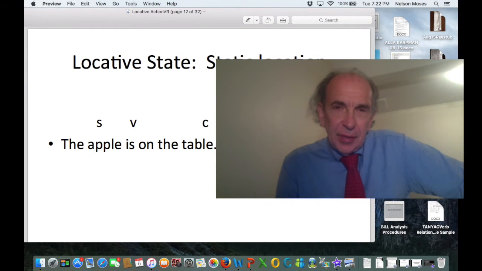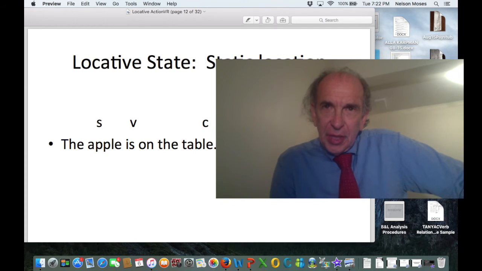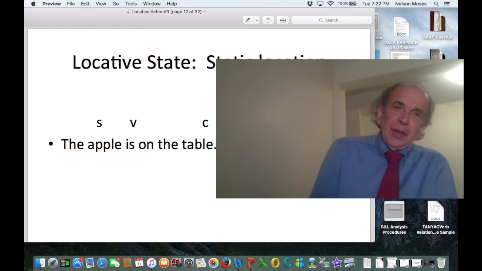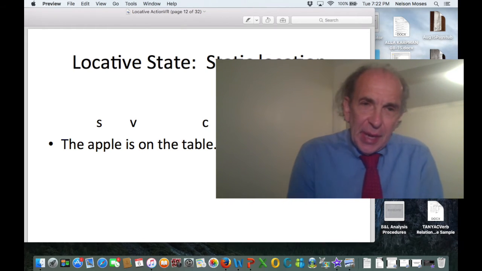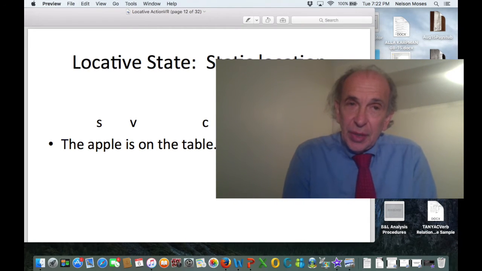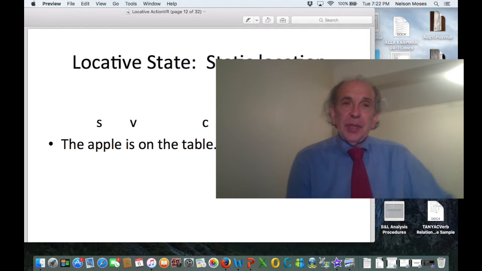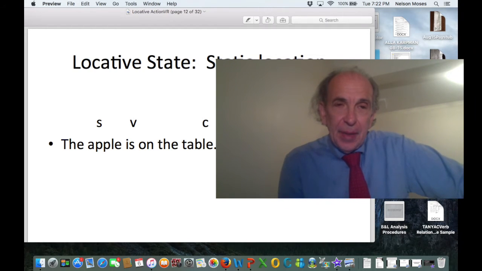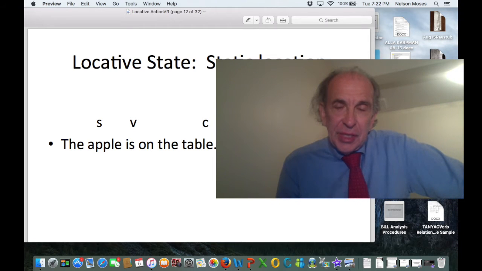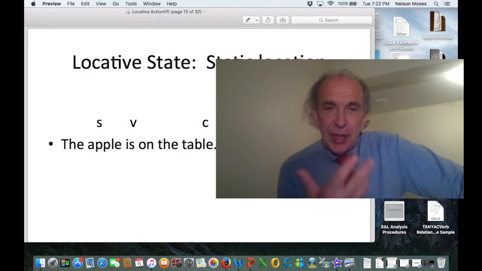Locative state is another verb relation content category. This one is coded by a form of SVC, such as the apple is on the table. Again, locative state is never coordinated. It is always the verb relation content category, and any state verb also takes the to be.